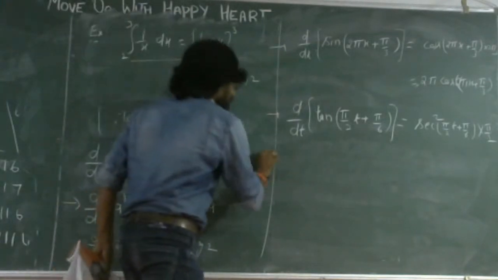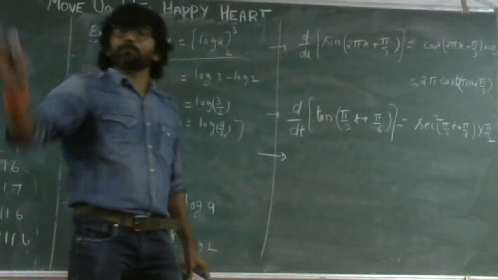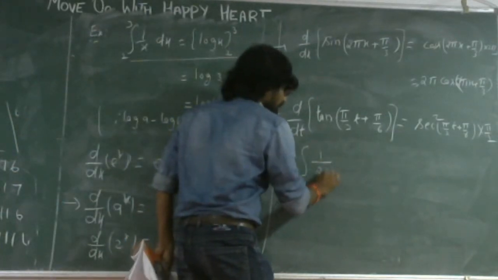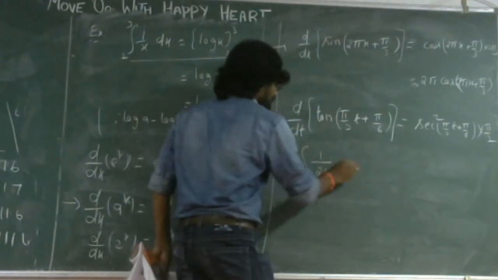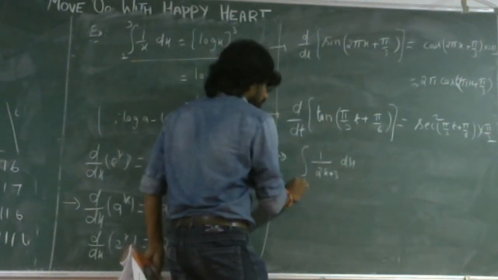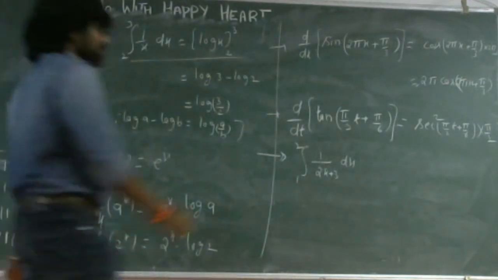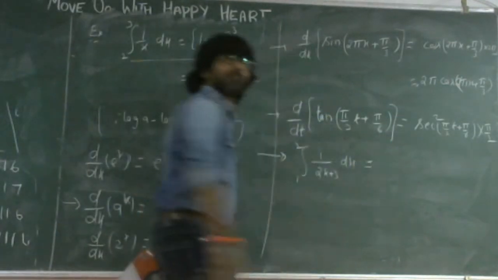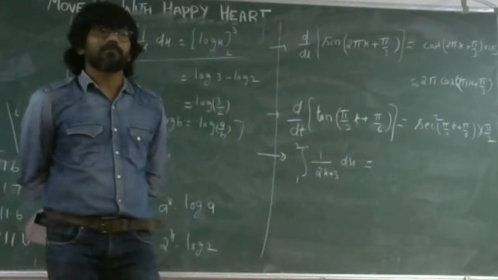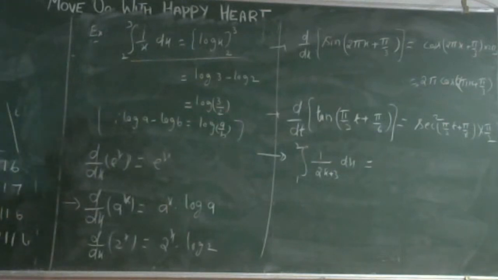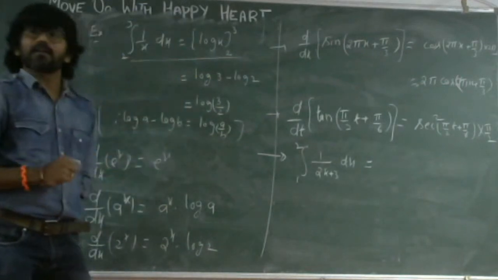Similar to this, we'll do one last example, then we'll wind up. Integral of 1 by (2x plus 3) dx, where x goes from 1 to 2, is equal to what? The integral of 1 by x is log x.